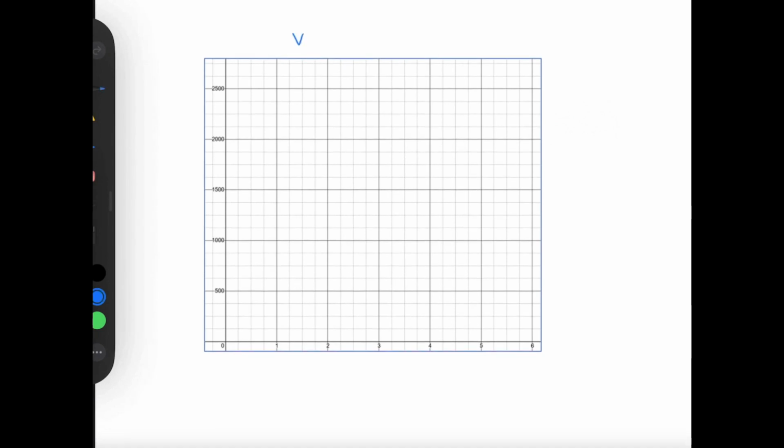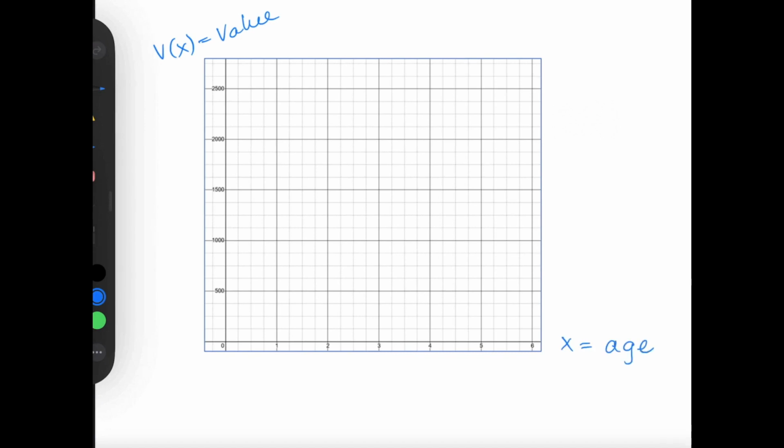Remember, we're basically looking for the linear function that represents the value of the machine that depends on the age. So that means that our y values are going to be representing the value of the machine. So let's say value is this vertical axis. We'll even label it v of x if you like. The horizontal axis is going to be representing the x values, or the age of the machine.